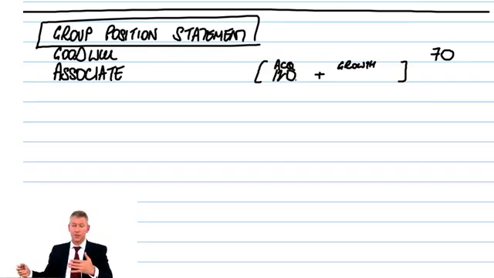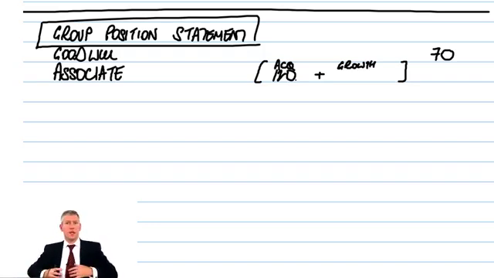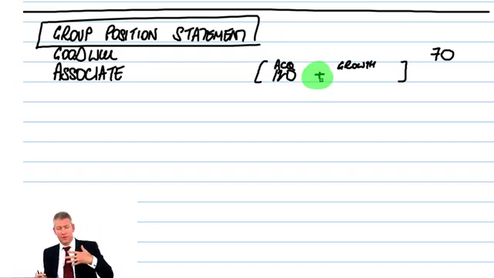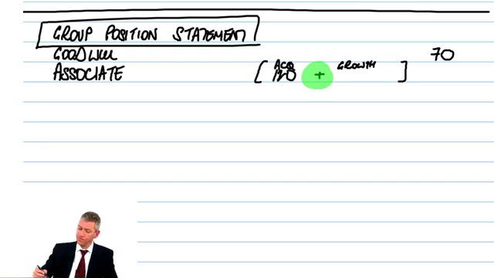Well, the associate has grown since we bought it, and therefore surely there has to be a plus here. Surely the growth is going to make the fair value go up. Yeah, but how much?